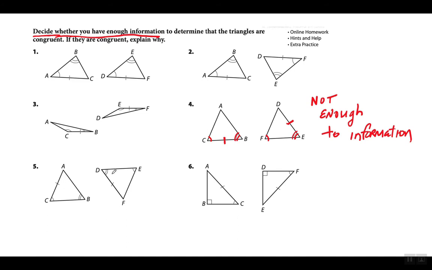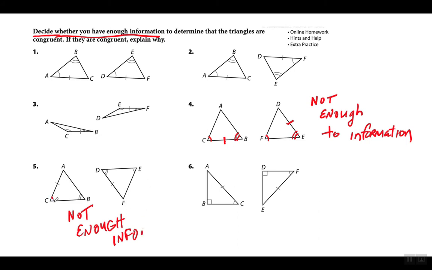So let me just look at this carefully. Actually, no, actually, this is also no. I'm sorry. This is not enough information. This one's not enough information because it's not the same side. I almost messed up. That's why I paused to look at it carefully.